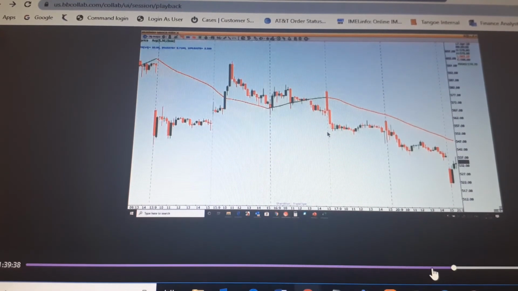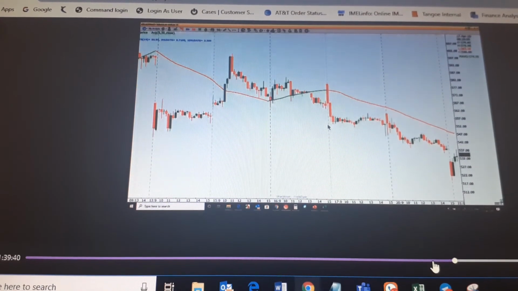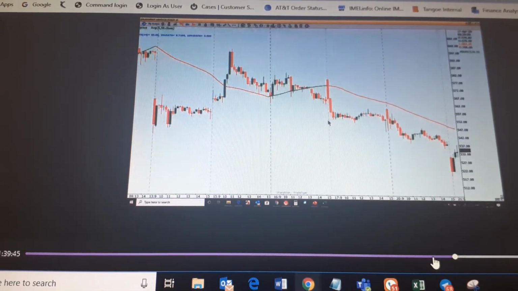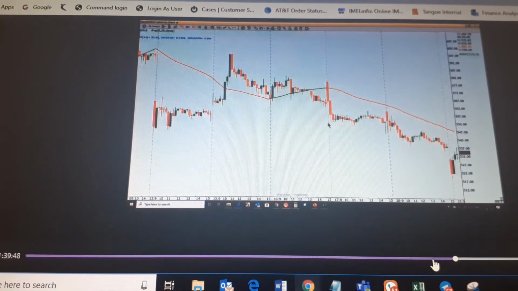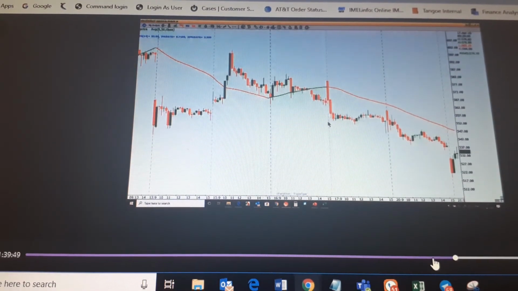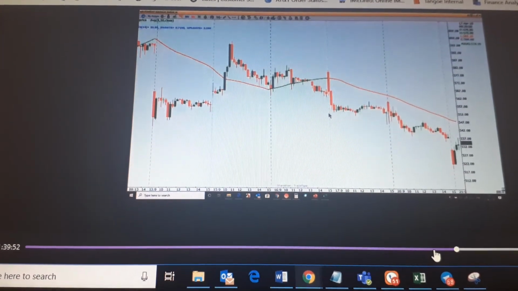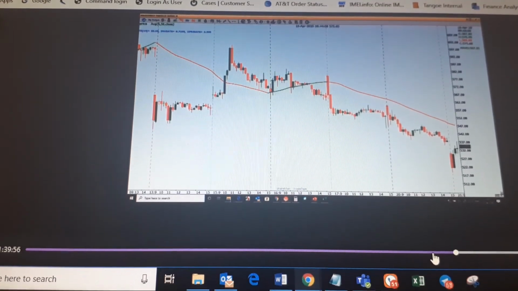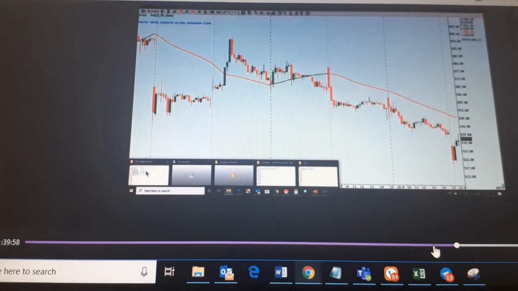No need to go into deep mathematical calculation. If you want to do that in the beginning, you can do that. Do you want me to show the calculation, how to know whether it's exactly a base candle or a leg candle? So hold on, I'll show you that.